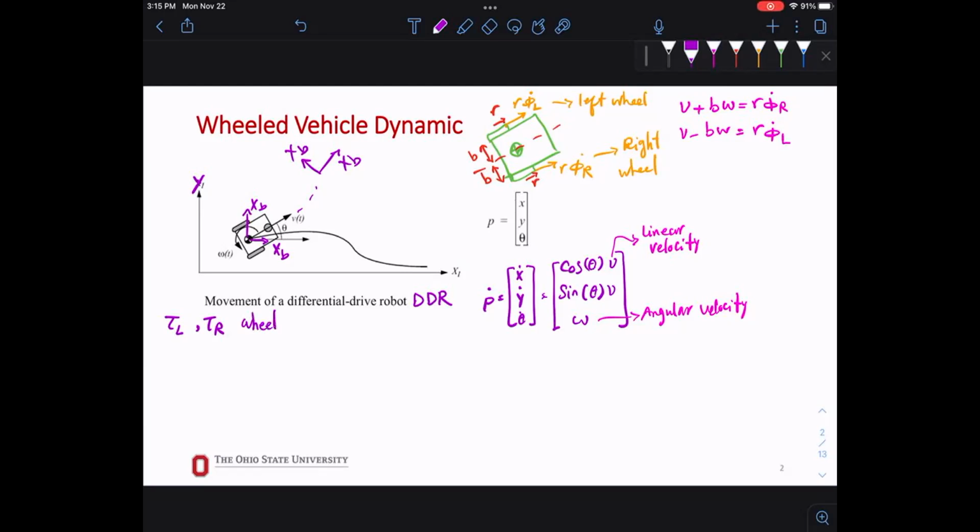See if you can write the wheel torque. Or do you think you can start writing and developing the dynamics for this? Try, and then I'll write the equations.